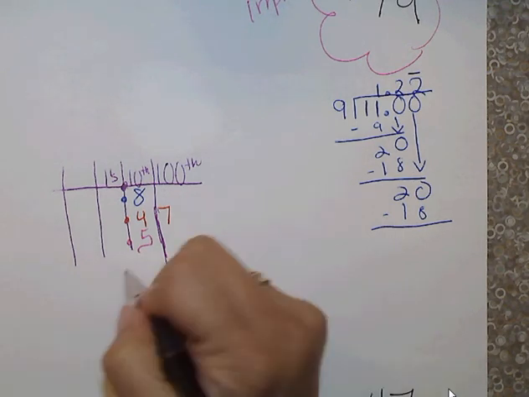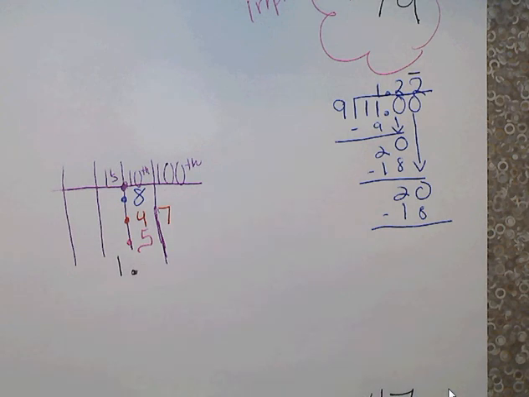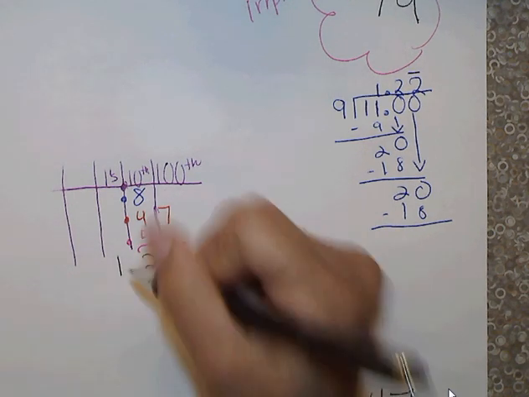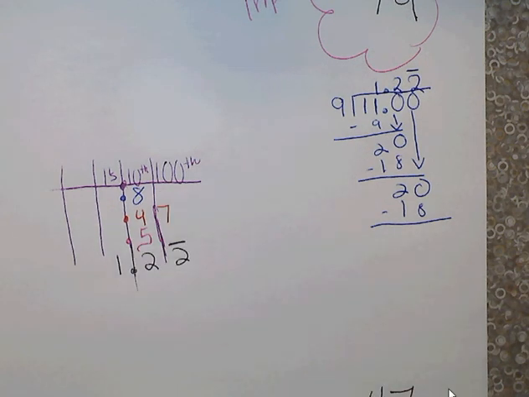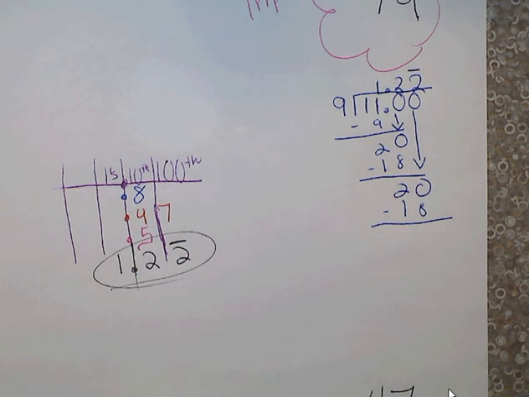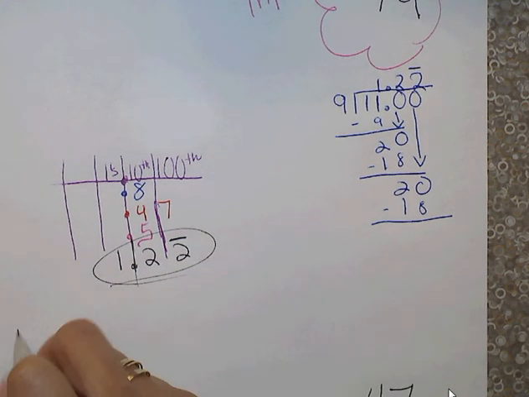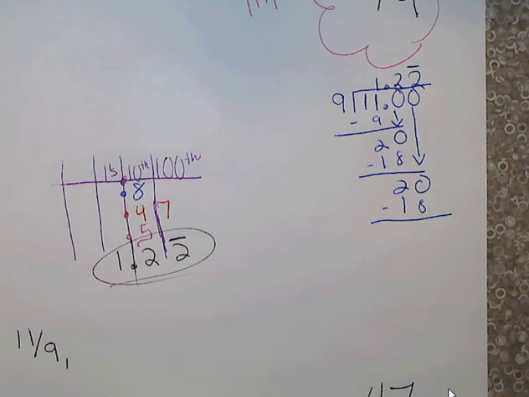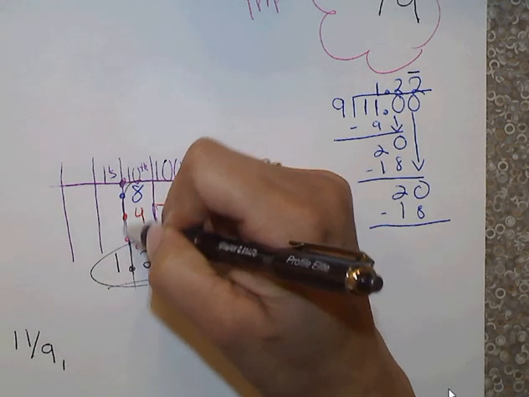Okay, so then now I have 1 point 1 with the vinculum. Which one is my biggest one? This one? Yeah, because it's got a whole. So that would be 11 ninths. Then what was my next one? I'm going to look at 8 tenths.